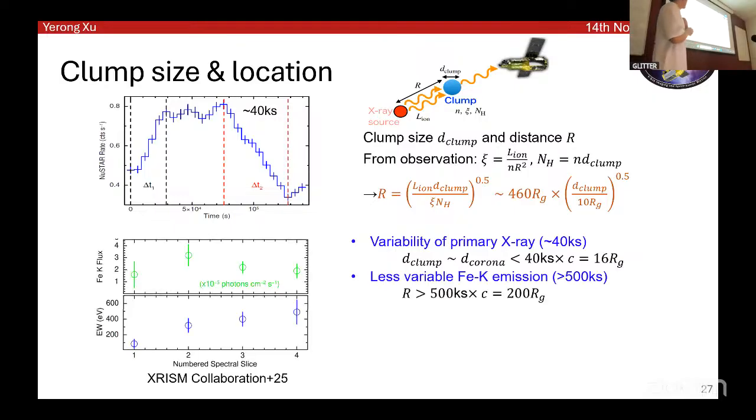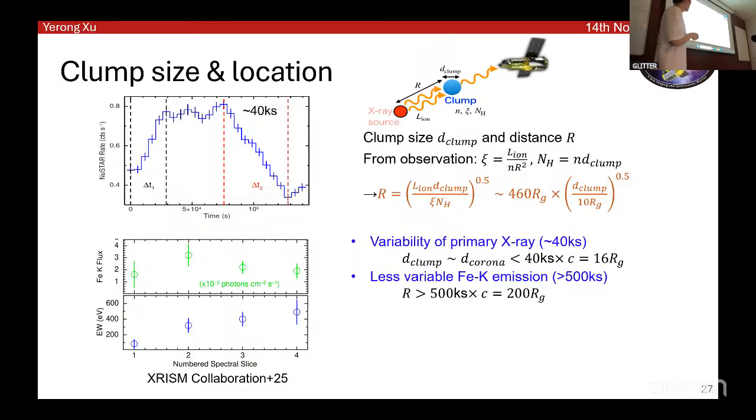And then the other constraint could be derived from the less variable iron K emission during the whole observation, which is around 500 kiloseconds. That we would expect the outflow location is larger than the light traveling distance during this period. So that will set up the lower limit for the clump location.